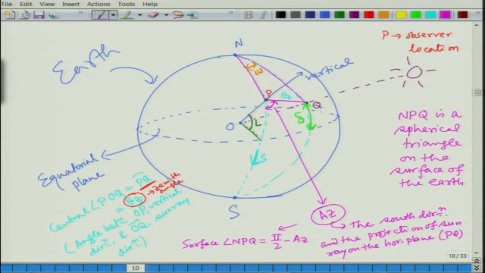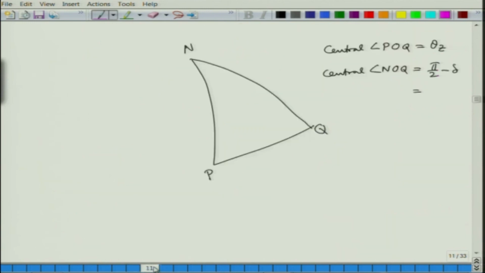Okay, because the central angle that makes is NO, when it goes to the southern hemisphere, this whole sign convention changes, and we only talk with respect to the equator. So, that is why this is pi by 2 minus AZ. This angle is also pi by 2 minus delta.